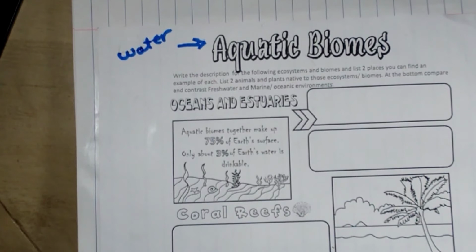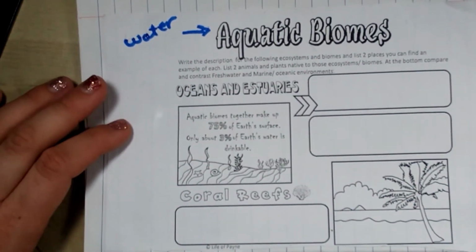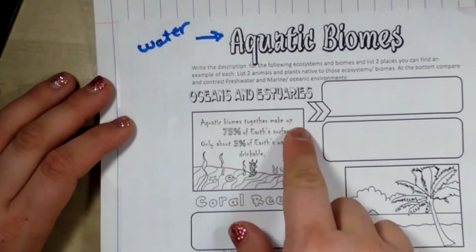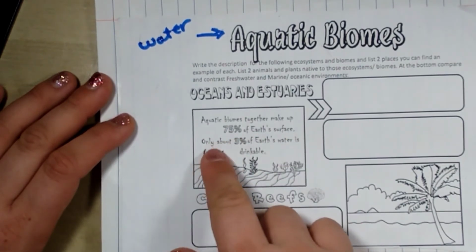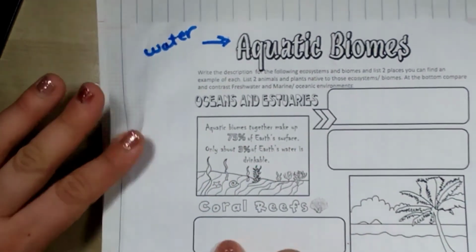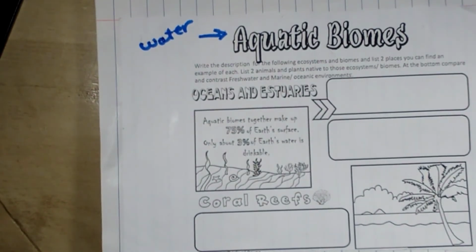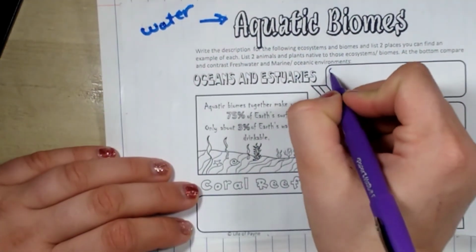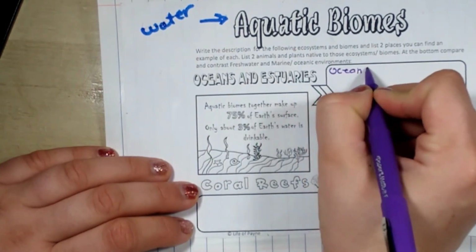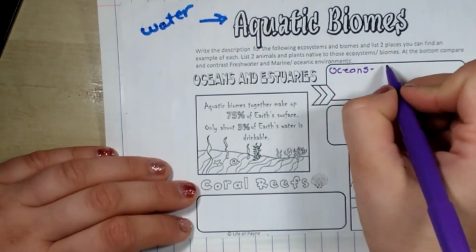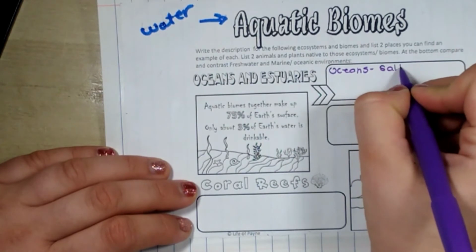Okay. So it says aquatic biomes together make up 75% of Earth's surface. Only about 3% of Earth's surface is drinkable. So the first one is going to be oceans. Oceans are salty, saltwater.